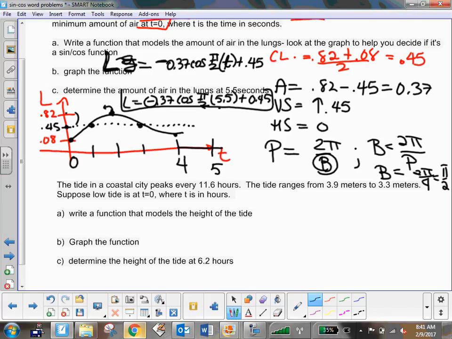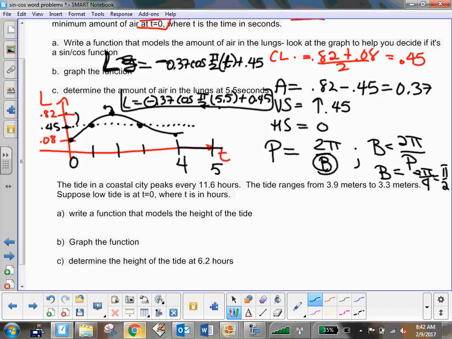Are you in degrees or radians? You should be in radians, because you're dealing with pi, aren't you? You're not dealing in degrees anymore, so make sure your calculator is in radians. If I'm giving you degrees, then you should be in degrees. But if I'm giving you pi next to my cosine, then I have to be in radians.